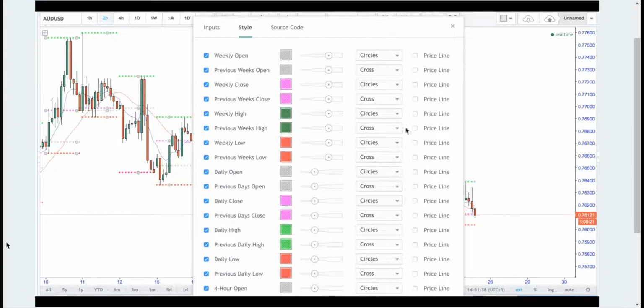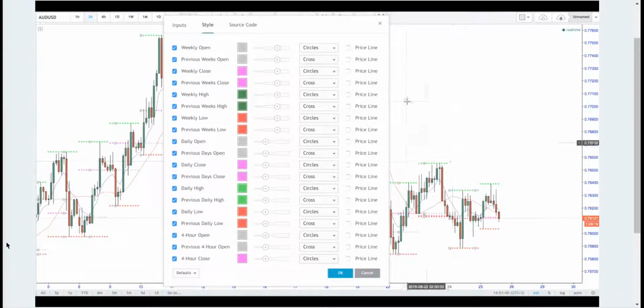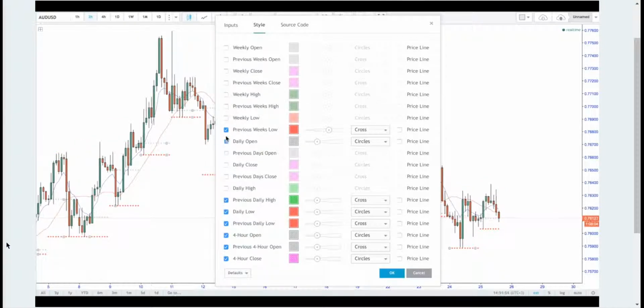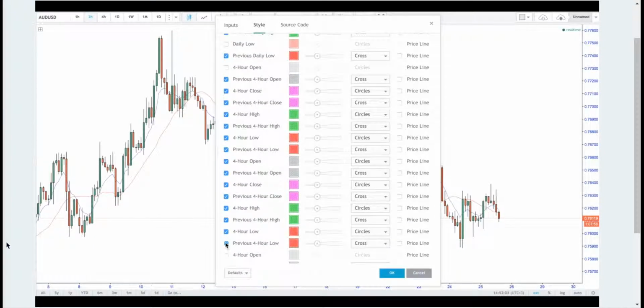This will appear, and what we want to do is, by all of these tick boxes, we need to start unticking. So we untick all of these. Previous day high, as you can see here, we want to keep that on. Previous day low, we want to keep that ticked too. All of the others, just get rid of.